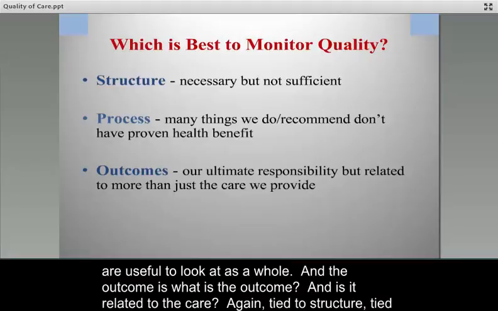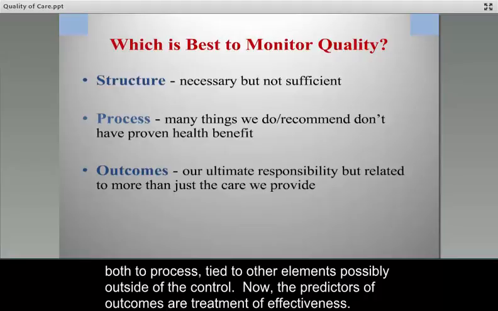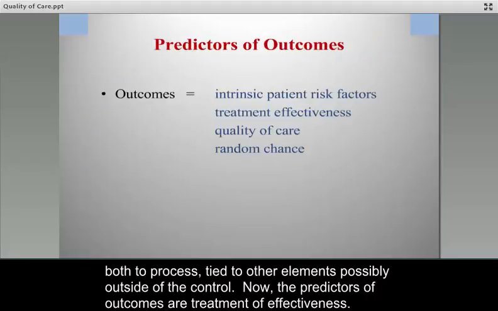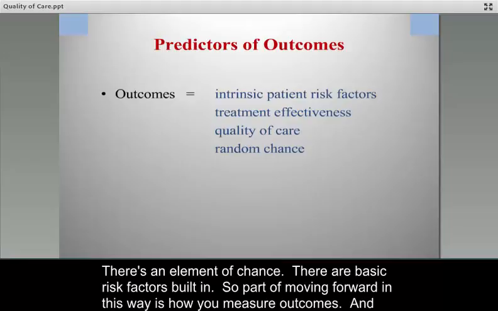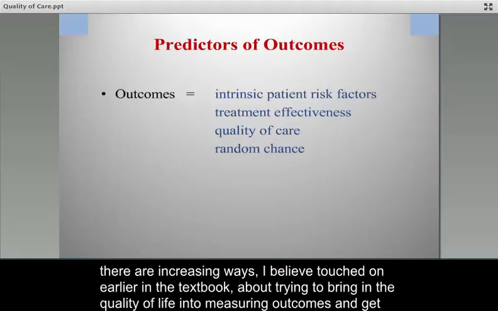And the outcome is what is the outcome, and is it related to the care? Again, tied to structure, tied to process, tied to other elements possibly outside of the control. Now, the predictors of outcomes are treatment effectiveness, there's an element of chance, and there are basic risk factors built in. So part of moving forward in this way is how you measure outcomes.